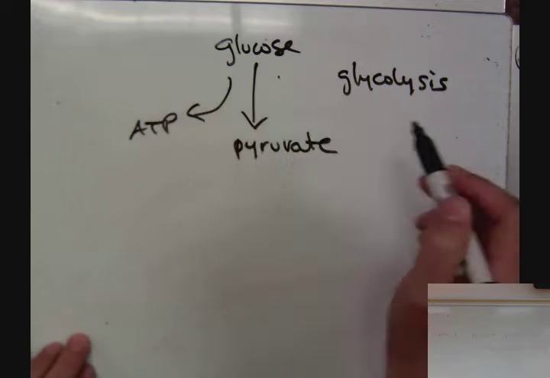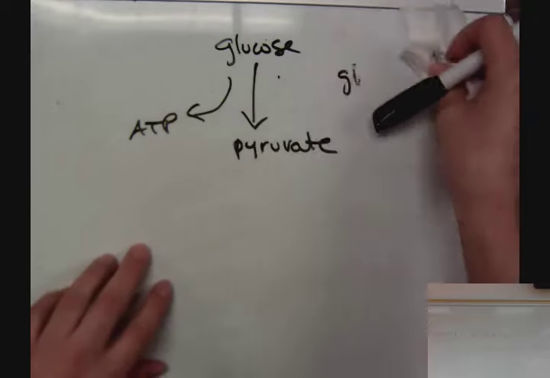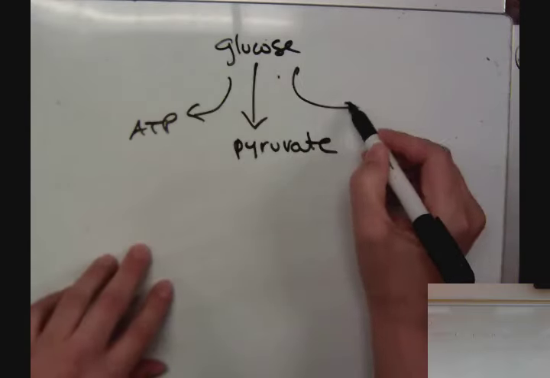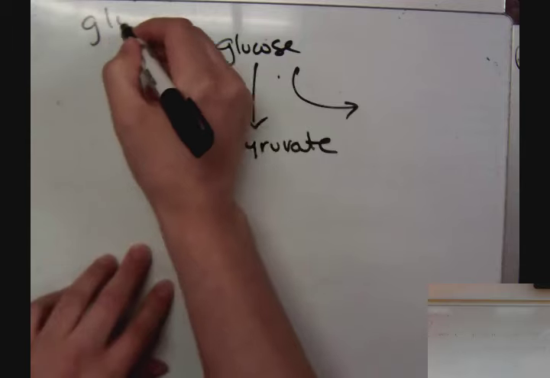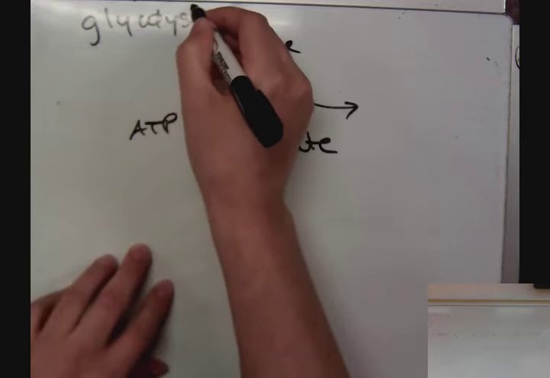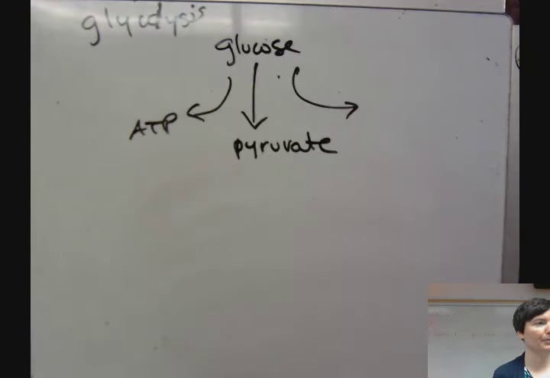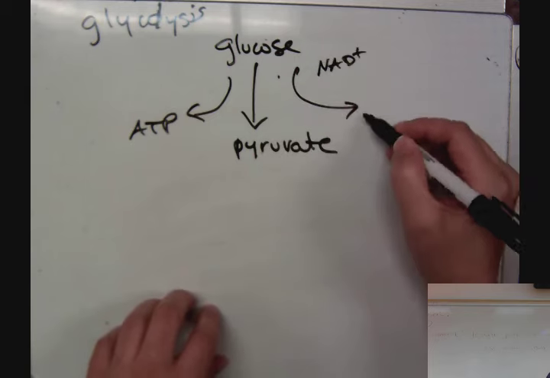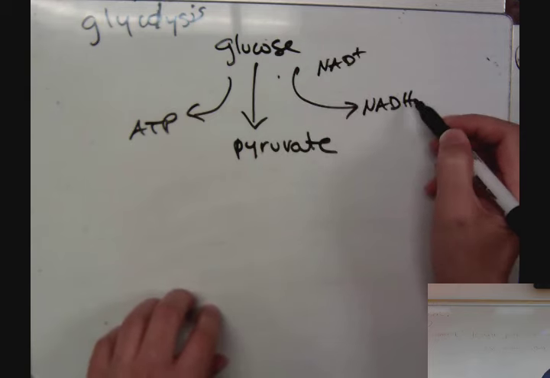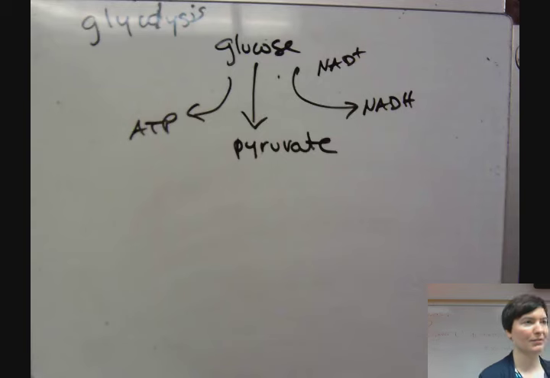Now, in order to do that, we also did one other thing, which is what? When we broke this molecule, where do we put the electrons that were liberated? The reaction doesn't go without this transfer of electrons.